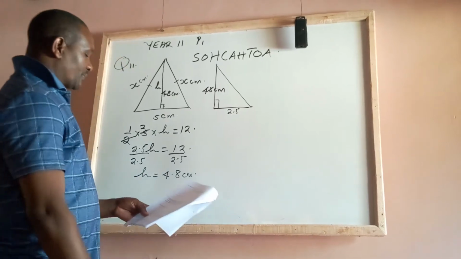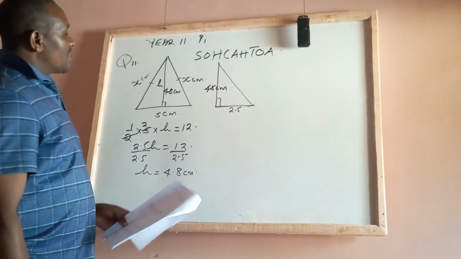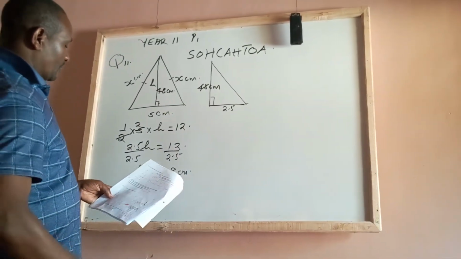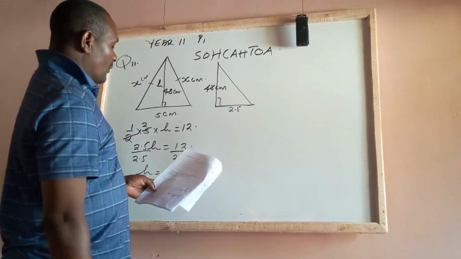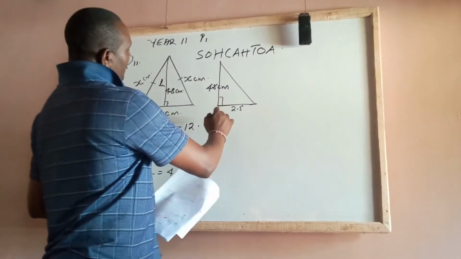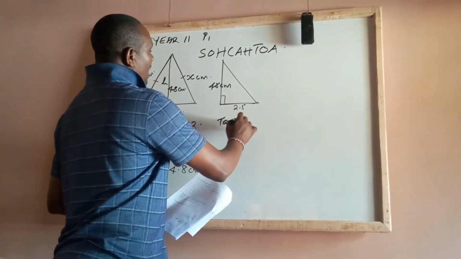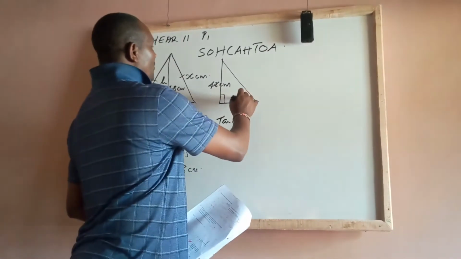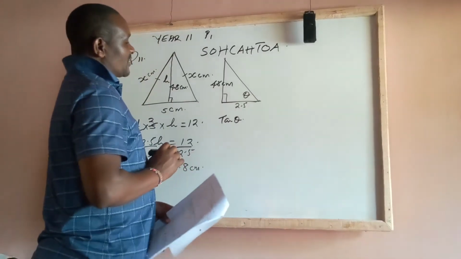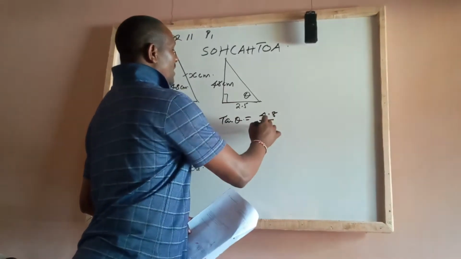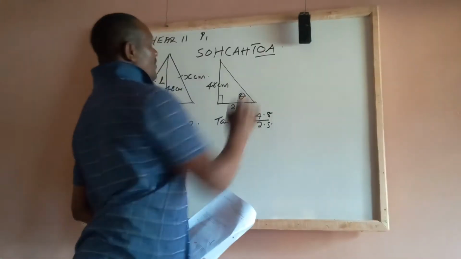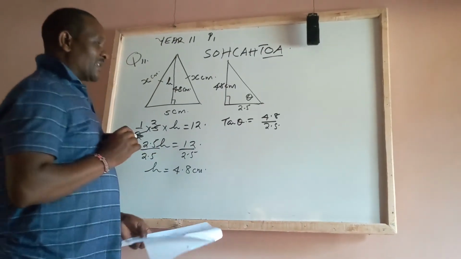This is taking us to get now probably the tangent of the angle theta, which if we call that theta, is going to give us 4.8 over 2.5. We are using the opposite over adjacent.